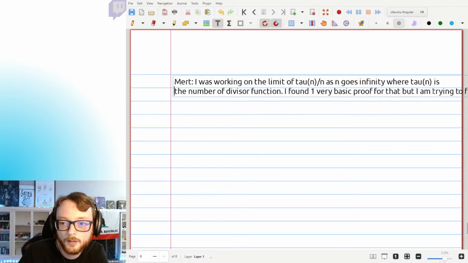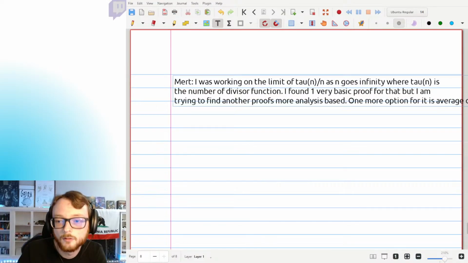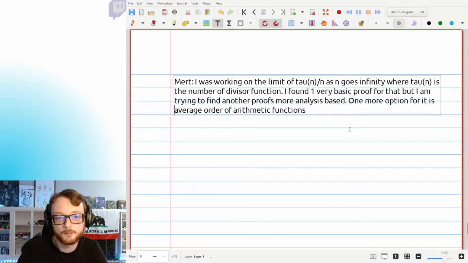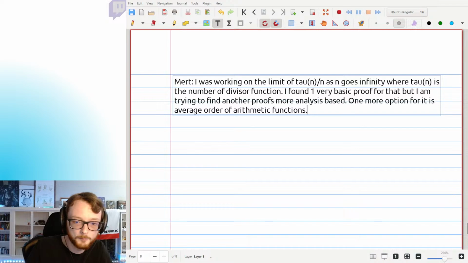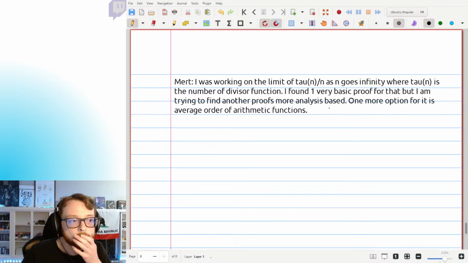I don't really know how you would define it, or how the function would actually look. You probably don't really have a closed form. Average order of arithmetic functions. I can see in some sense this number being an average, but I'm not sure exactly what that last sentence means.